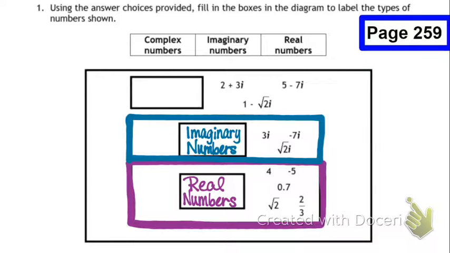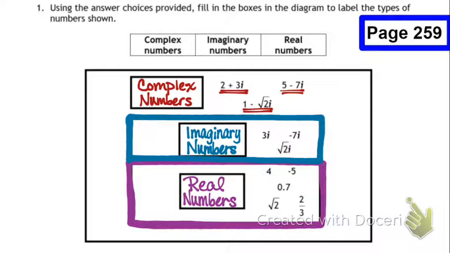When we take imaginary numbers and put them together with real numbers, we call them complex numbers. Complex numbers have a real part, something that you could put into your calculator, and then they have an imaginary part, something with an i with it.